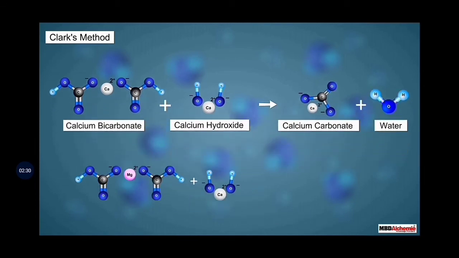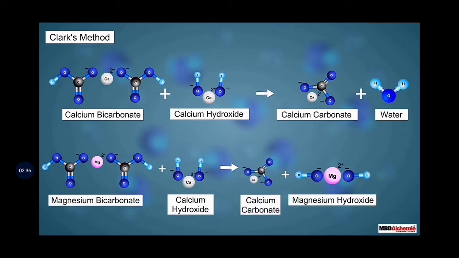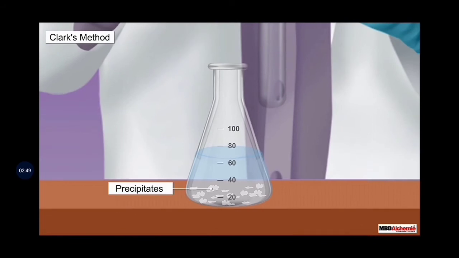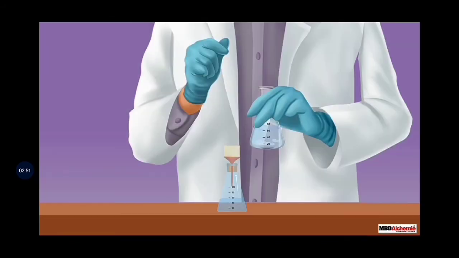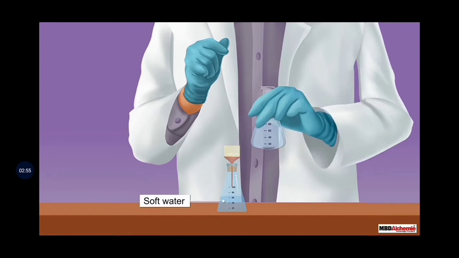At the same time, lime also reacts with magnesium bicarbonate to form calcium carbonate, magnesium hydroxide, and water. The resulting salts, calcium carbonate and magnesium hydroxide, as you already know, do not dissolve in water and thus form precipitates. And once the precipitates are removed by filtration, the water no longer remains hard.